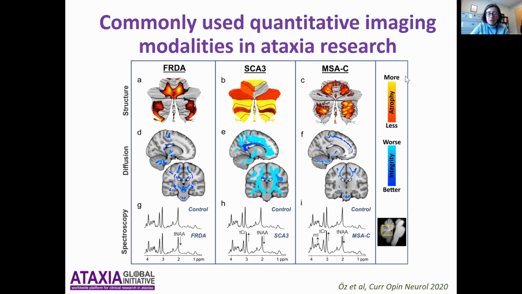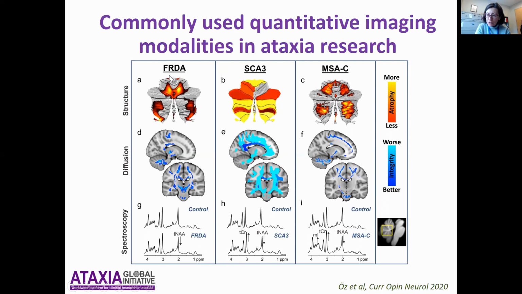So let's start out with a very simple overview of the most commonly used MR modalities. This is a figure from a recent review paper that I wrote with Doctors Ian Harding and Catherine Reeds, where we identified the most commonly used MR measures and displayed in this figure some results for the most common ataxias in each of these groups.